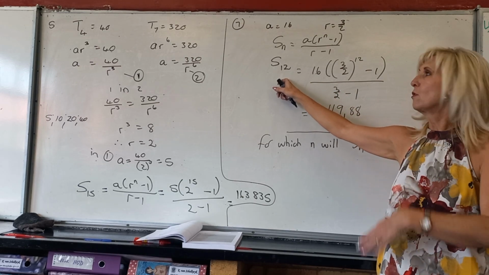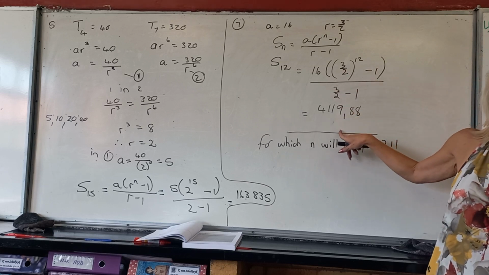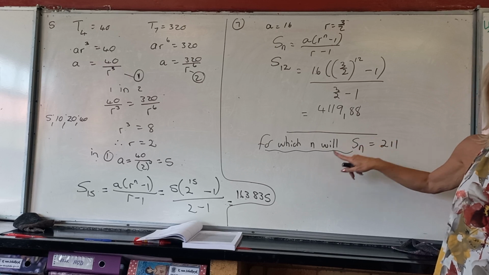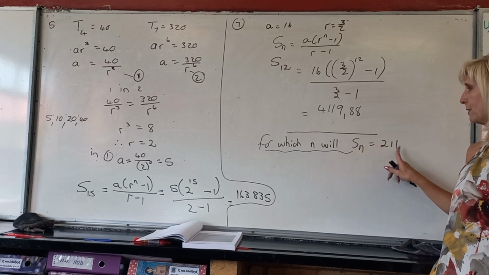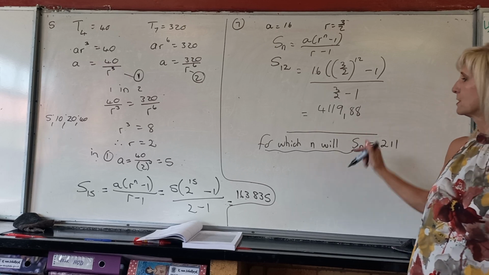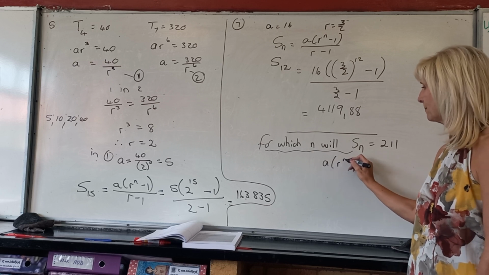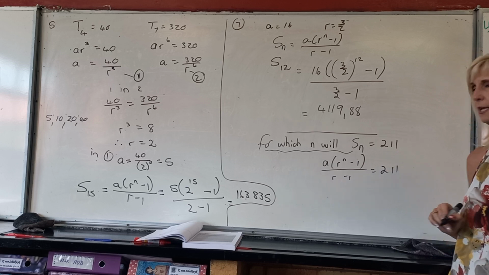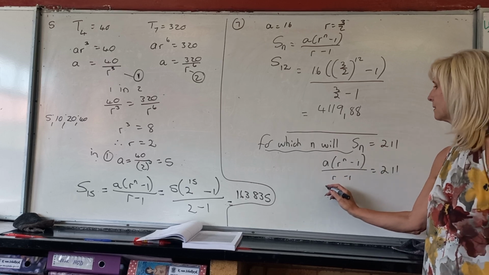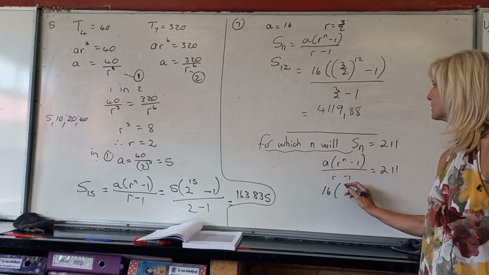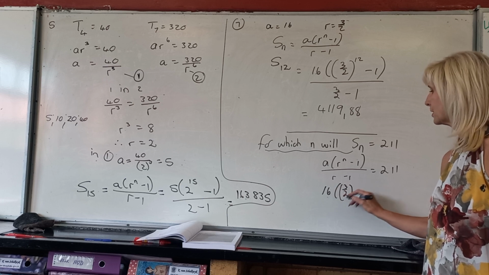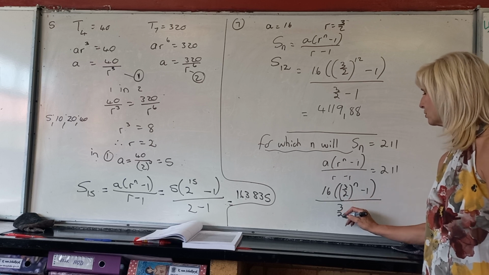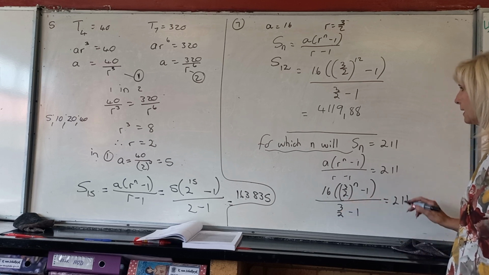But I do want to give you the answer so you can test yourself on a calculator here. The actual question was, for which value of n will the sum be equal to 211? So I've got to get that same formula, the Sn formula, but equal to 211, where a is 16, r was 3 over 2, n I don't know, minus 1, over 3 over 2 minus 1, equal to 211.